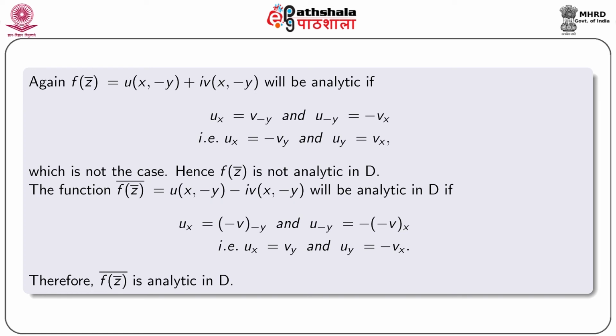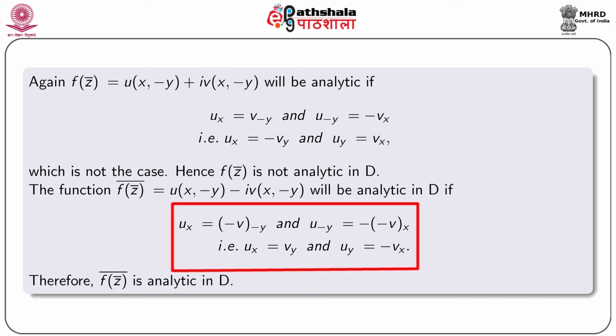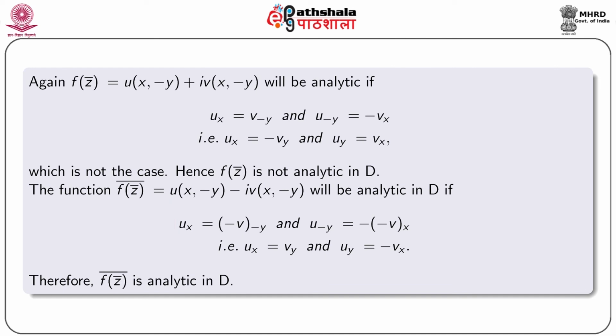This function will be analytic in D if u_x = -v_{-y} and u_{-y} = -v_x. That is, we get u_x = v_y and u_y = -v_x, which are the Cauchy-Riemann equations. Therefore, we conclude that the conjugate of f of z conjugate is analytic in D.